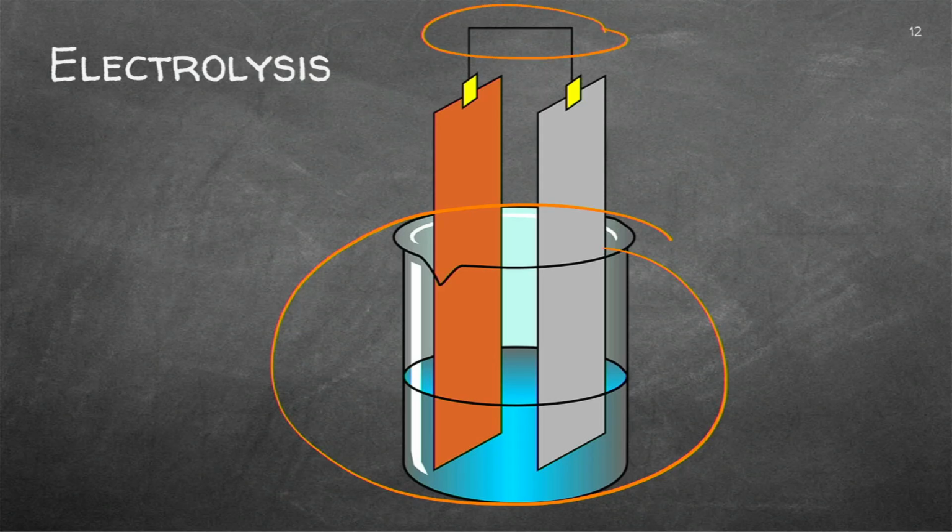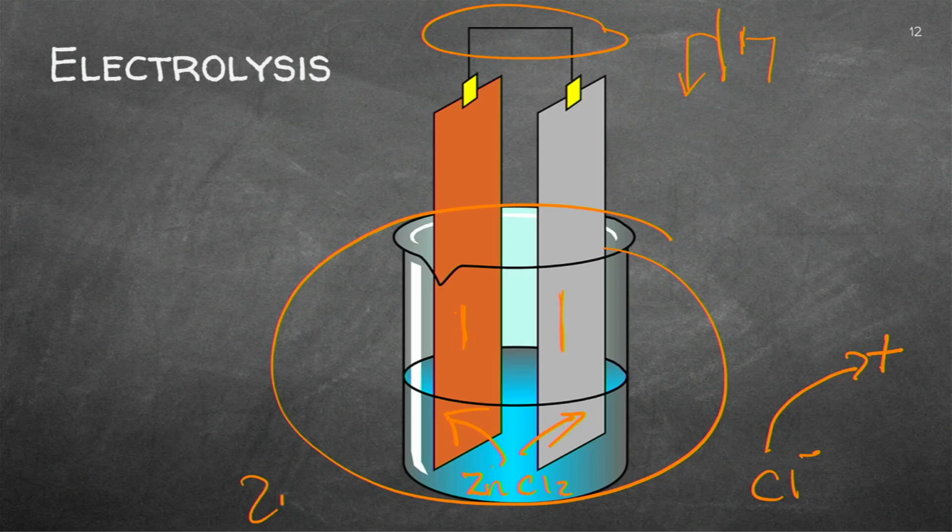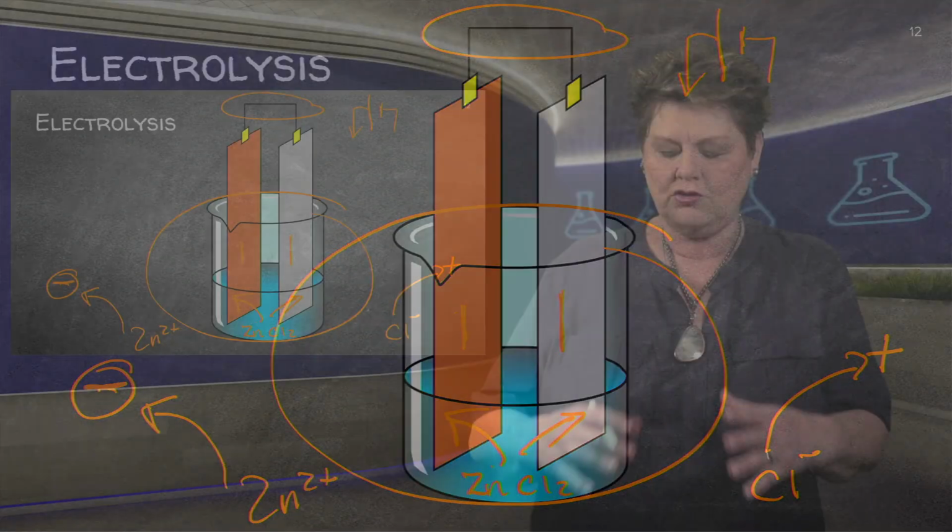It's got a source there, a positive and a negative source, like a cell, and you'll actually have your electrodes in one container, and the purpose of this will be to separate the ions in there. Now, just for instance, if I had zinc chloride there, can you see you'll get your chloride ions going to the positive electrode, and your zinc ions will latch onto the negative electrode. So that's electrolysis.